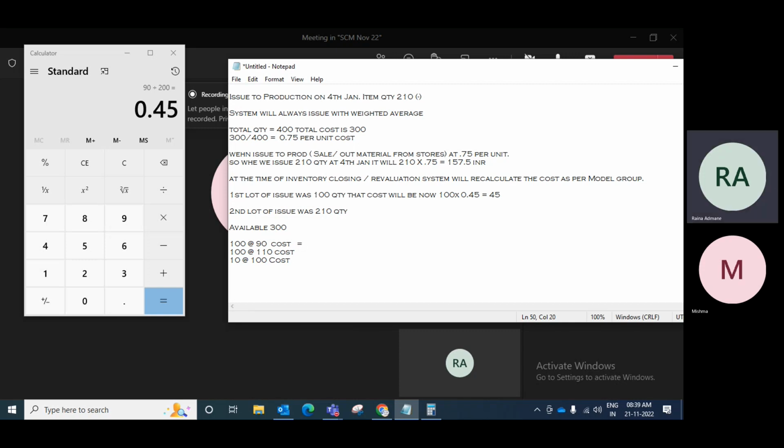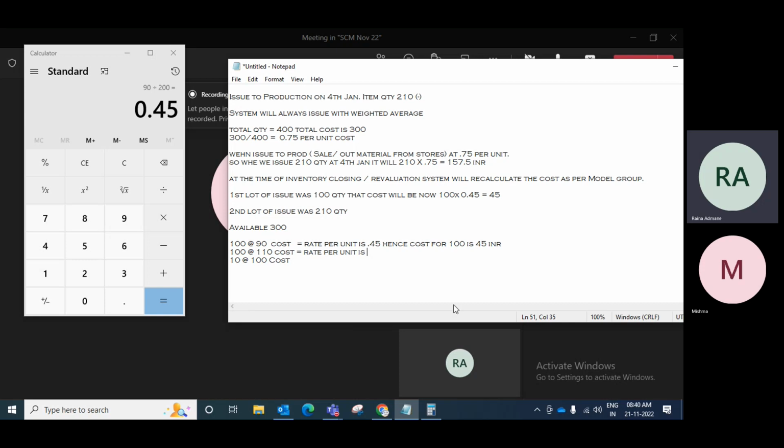The rate per unit is 0.45. Hence cost for this 100 is equal to 45. Okay, now what is the rate per unit?